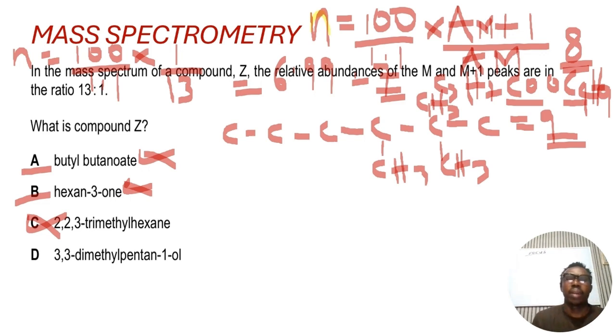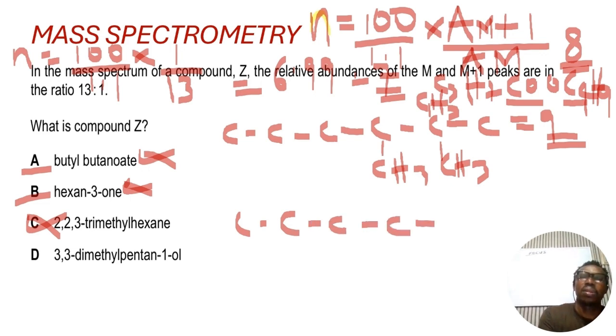So automatically the correct answer will be D. So we have to prove it. 3,3-dimethylpentanol. So we have 1, 2, 3, 4, 5. Since it's pentanol, we have OH here, first carbon atom, second carbon atom, third carbon atom. We'll have CH3 here, then we'll have CH3.